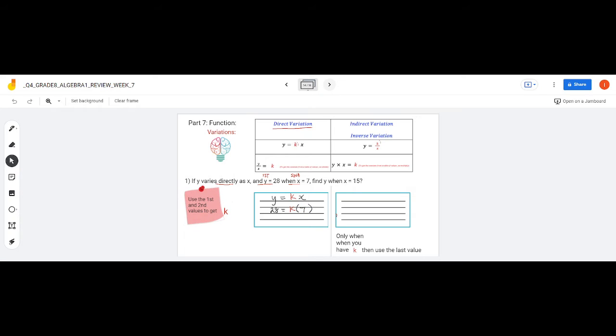I bring down my 28. k times 7, that will be 7k. And now we just divide both sides by 7. The 7 and 7 cancel out. On the right hand side we have just k, and if we say 28 divided by 7, we get an answer of 4.